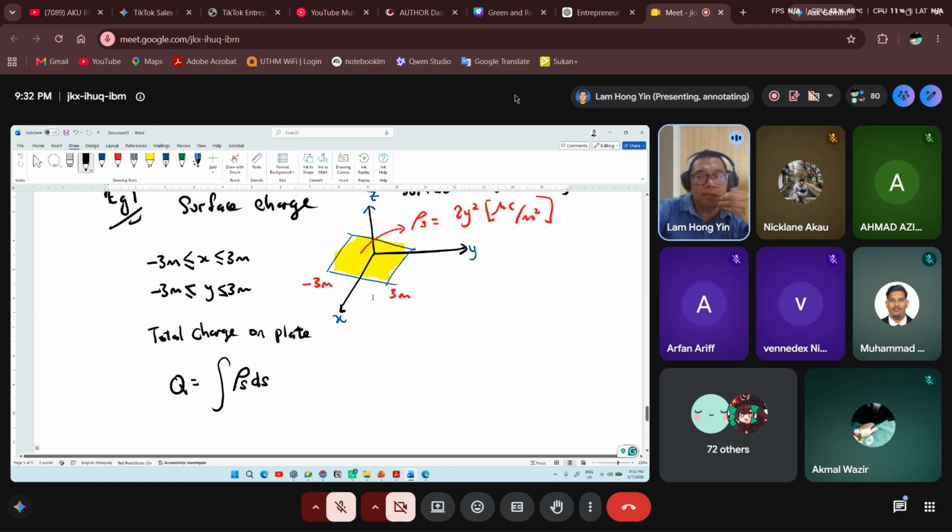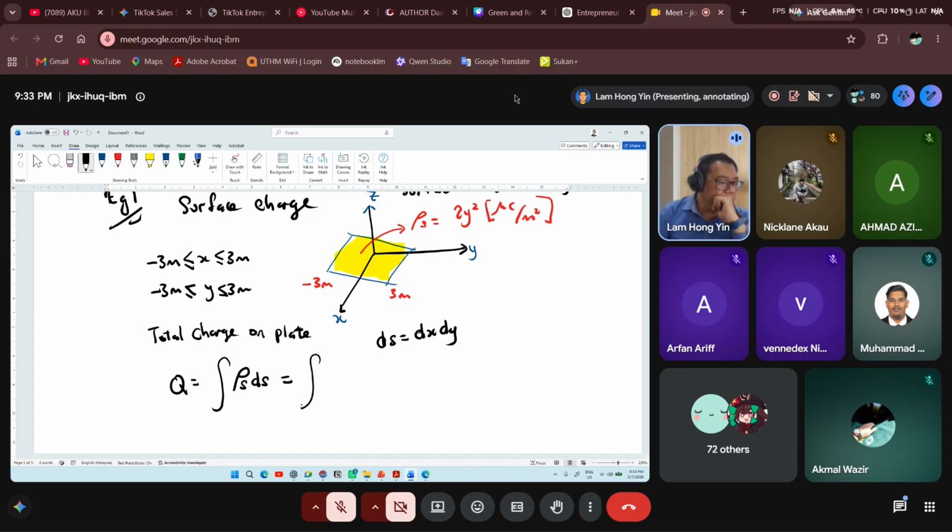So when your x-axis and y-axis change, the lengths of x and y change, and the surface area changes, right? So in this case, we can say our ds is dx dy. So if I put it over here, I integrate.